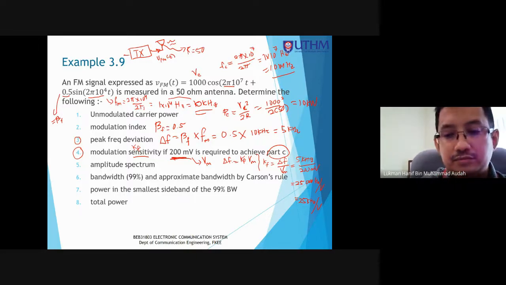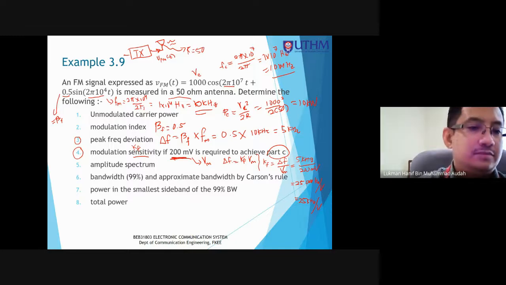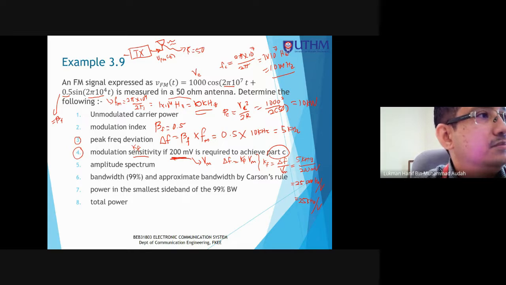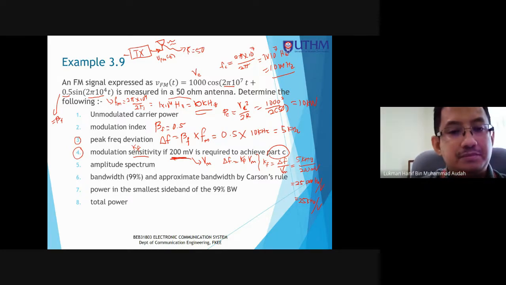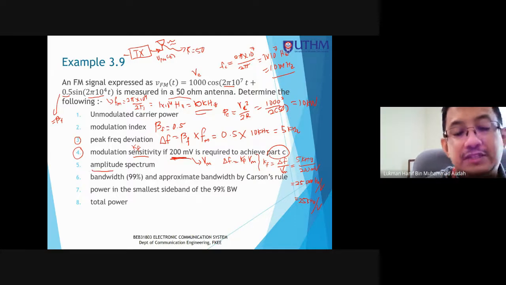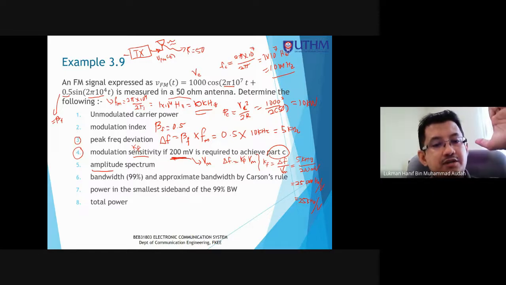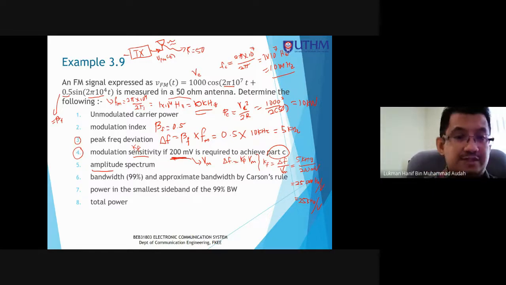Okay, and then what? Calculate the amplitude spectrum. Cari nilai amplitude spectrum. Macam mana nak buat? If you see amplitude spectrum, that means we need to draw voltage versus frequency.